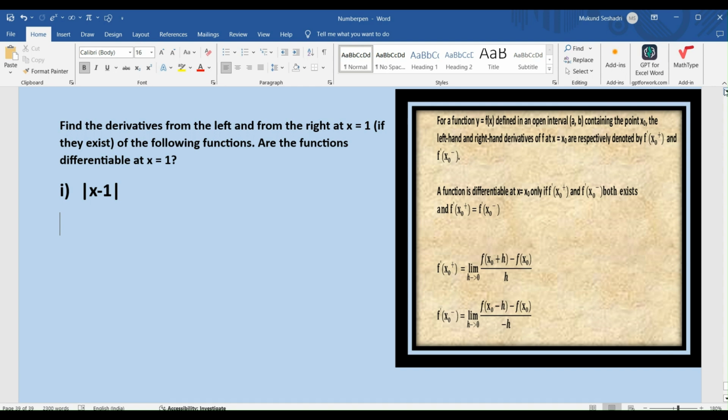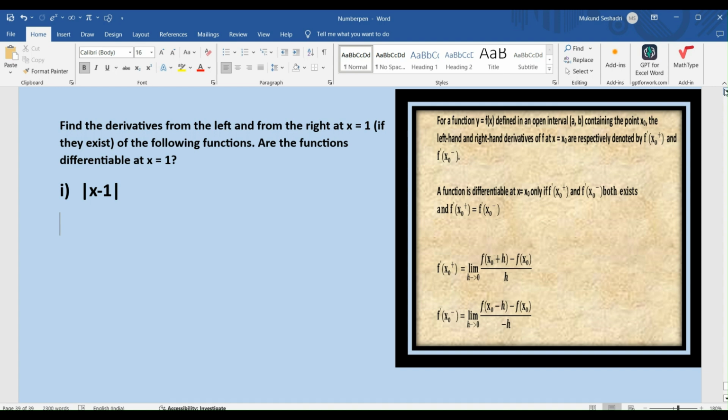So what is my f dash of x naught plus? It's nothing but my right hand derivative. My f dash of x naught minus is my left hand derivative, right? So a function is differentiable at a particular point x equals x naught only if the left hand and the right hand derivative both exist and are equal at that point x naught, right?